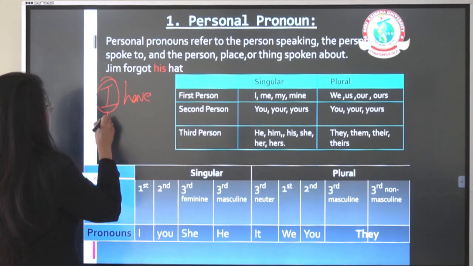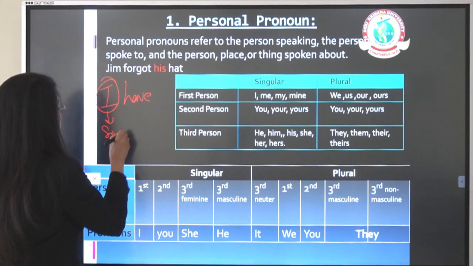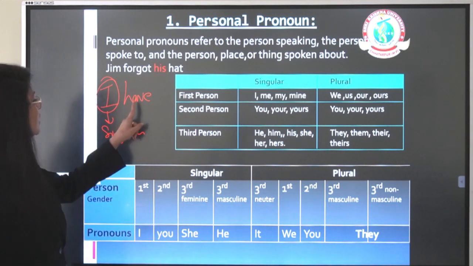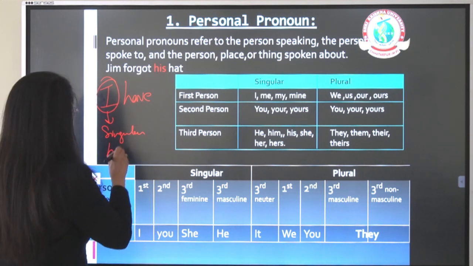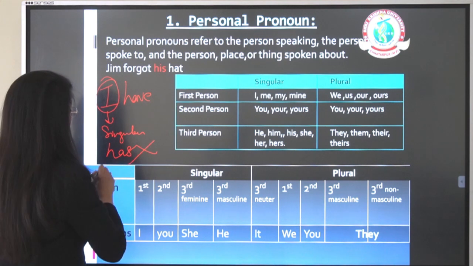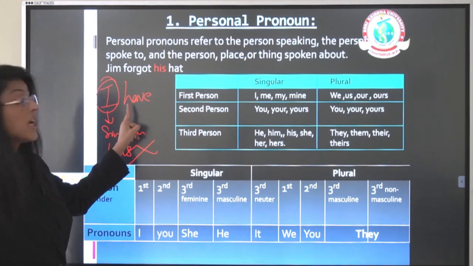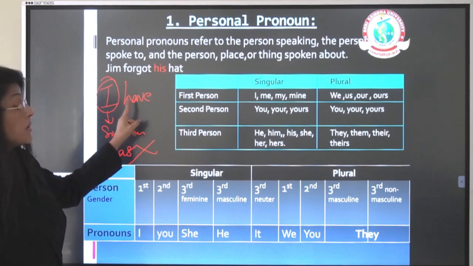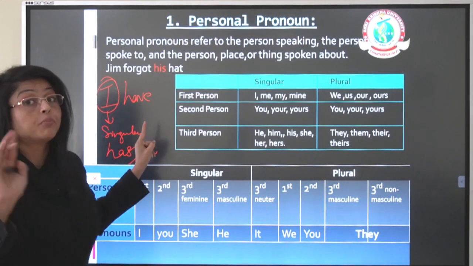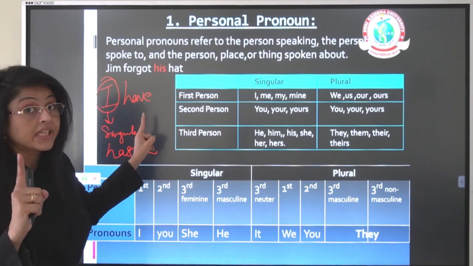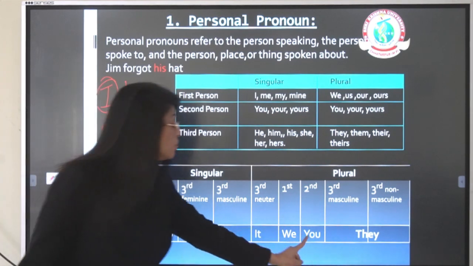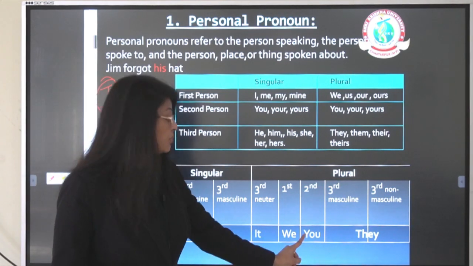Although I is singular, you will not use has with I. This is wrong. You will always use have with I. This is an exception. Generally, have is used with plural. Have is always an exception. Similarly, you is singular as well as plural.